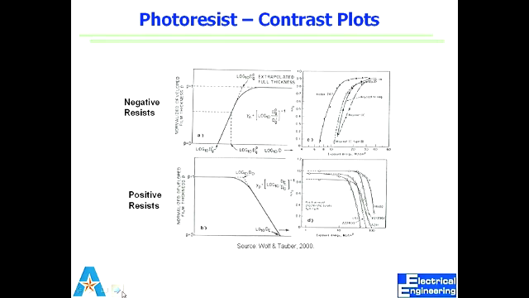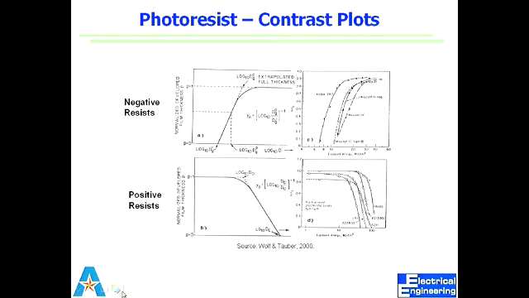And that is something we measure from the developed film thickness after every given dose. These are normalized, so we can compare them directly. In case of positive resist, we define this gamma as the slope of this line, and similar is the case for negative resist.